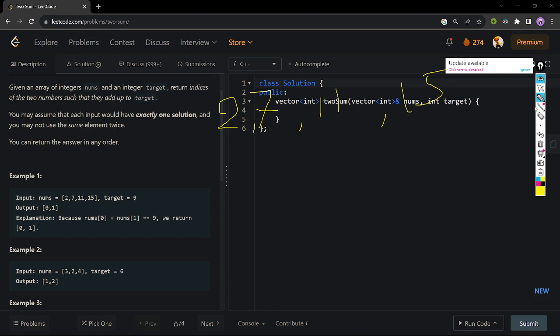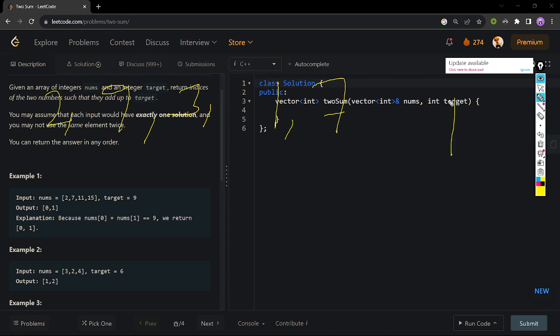Let me take another example: 3, 9, 3, 2, 1, 7, and I have to find the target 4. So I have to find how we can achieve the target 4 by summing up the values of any two distinct indices.